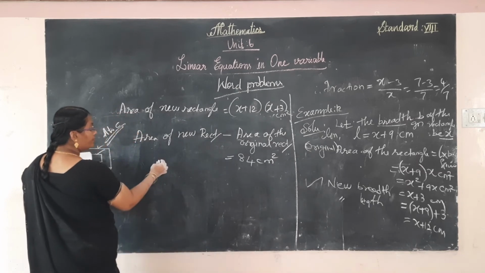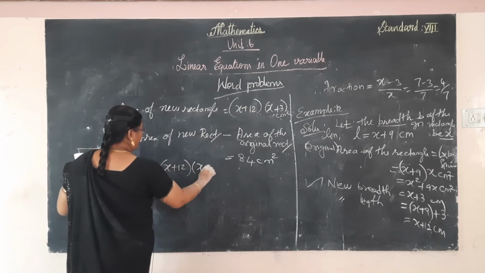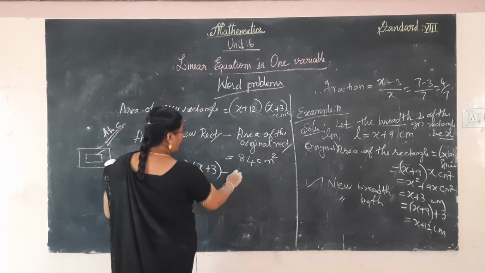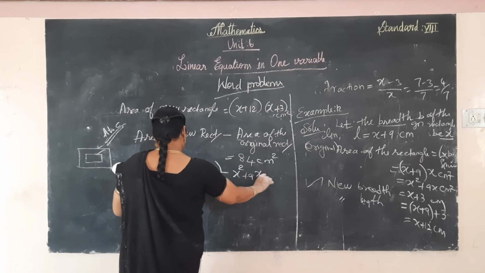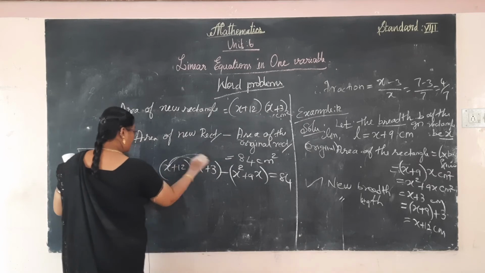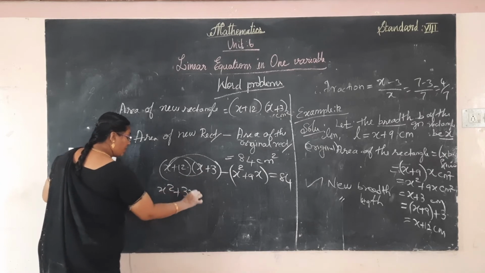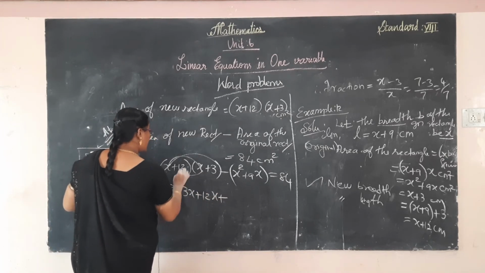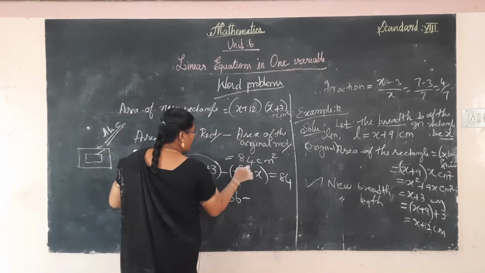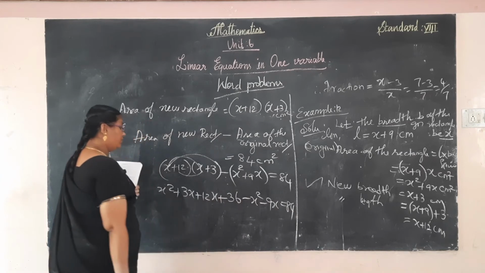The new rectangle value is x plus 12 into x plus 3, minus the area of the original, x squared plus 9x, equal to 84. Now multiply each term: x squared plus 3x plus 12x plus 36, minus each term multiplied by minus, so x squared minus 9x is equal to 84.